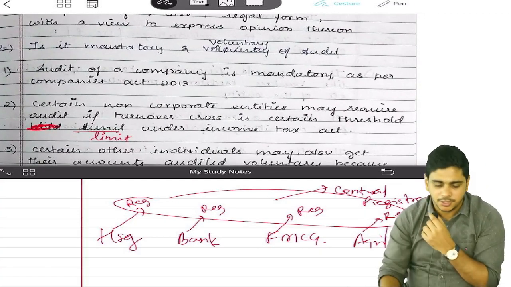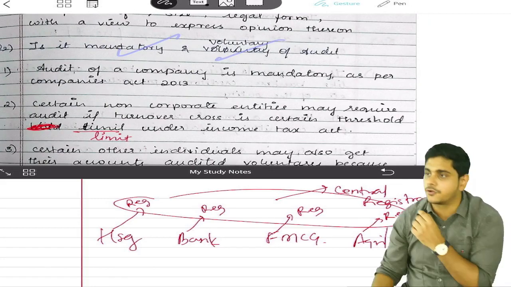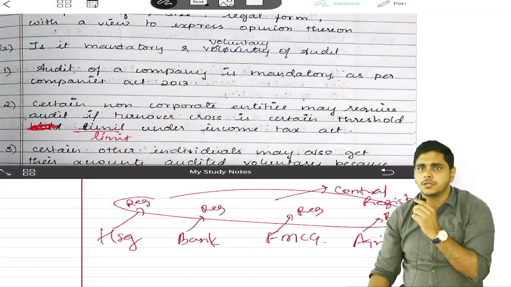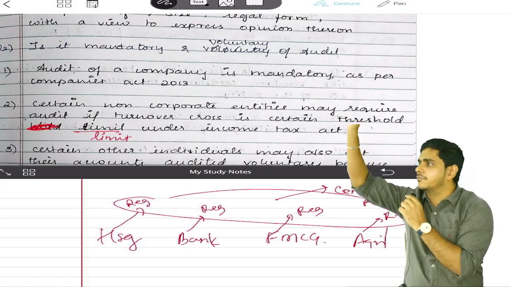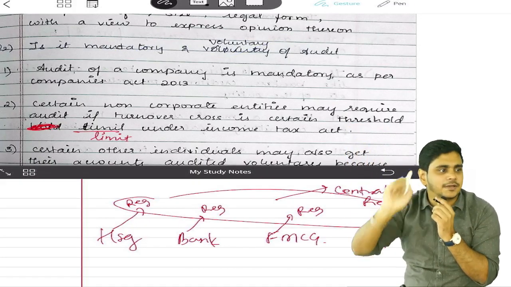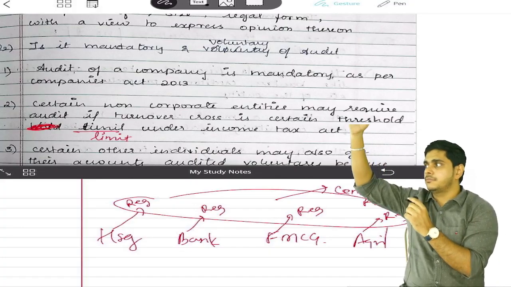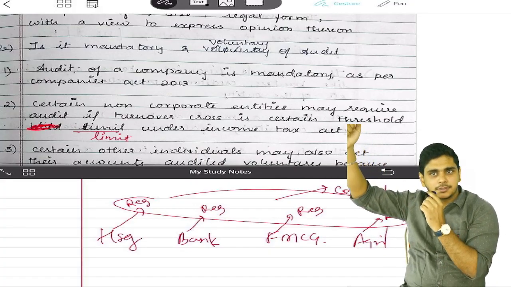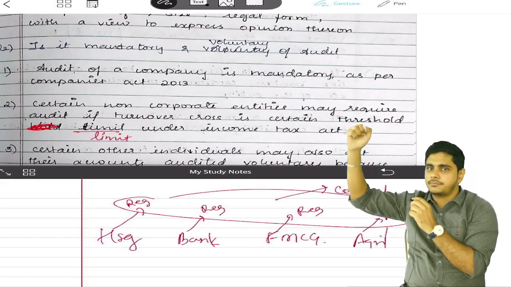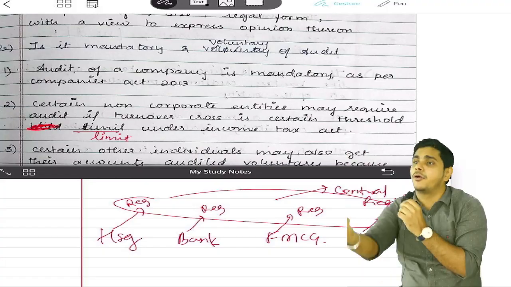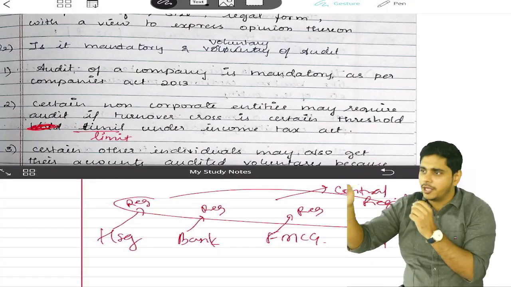Now, question number 2. Very simple. Is audit mandatory or voluntary? For one entity it is mandatory. For companies it is mandatory. But if you remember the Income Tax Act, there is section 44AB.